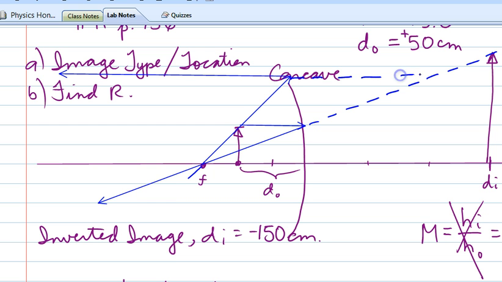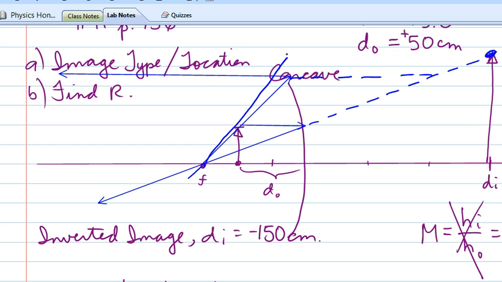I told you it's not going to be perfect. It should have been right here. Okay, so we were a little bit off. If you look at it, it seems that my original ray probably should have gone more like this, but you get the idea. This is why it's very important to draw this as accurately as possible.